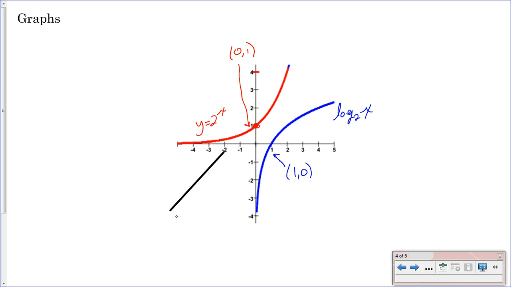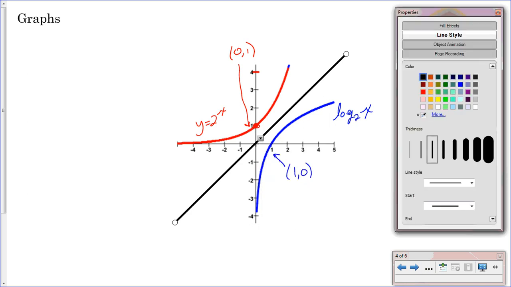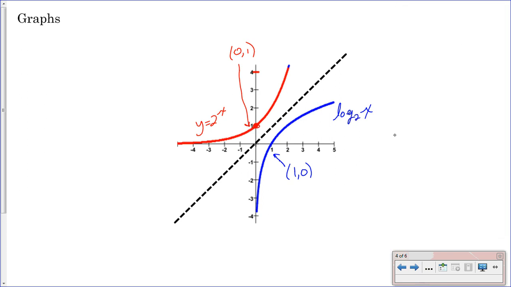They will be reflected across the line y equals x. They are inverses of each other, if you want to remember it that way, and that's actually true.